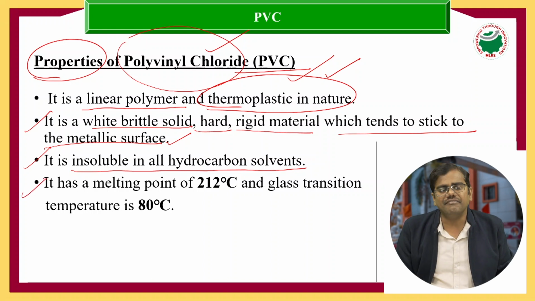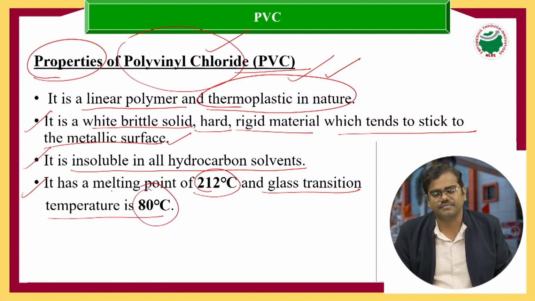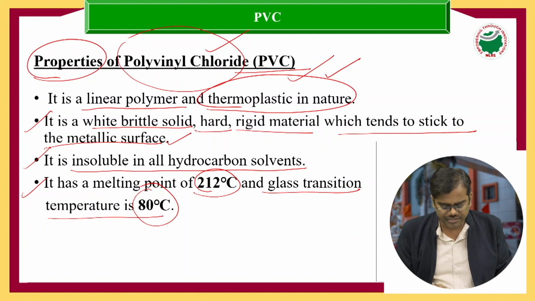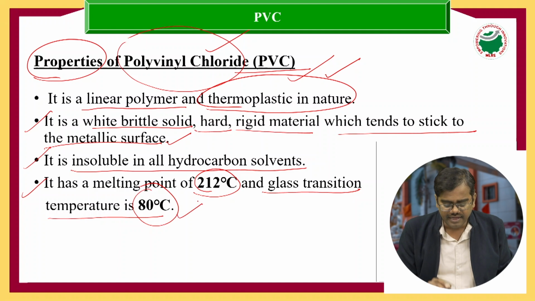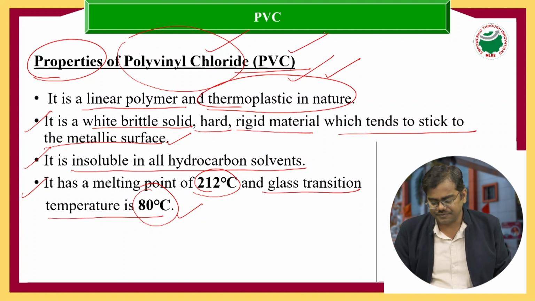Fourth point, its melting point is 212 degrees centigrade and the glass transition temperature is 80 degrees centigrade. These are some of the important properties of polyvinyl chloride.